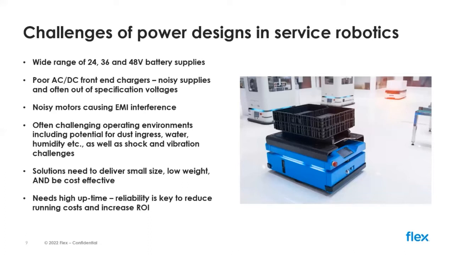So again, from a power supply perspective, the power supply has to cope with that type of noise and voltage deviation. Within the robot itself, we have motors driving the wheels, etc. And they can be pretty noisy from an EMI perspective. So again, in terms of immunity to that sort of noise, we have to be mindful of that from a power supply perspective. And they can be operating in pretty harsh environments.